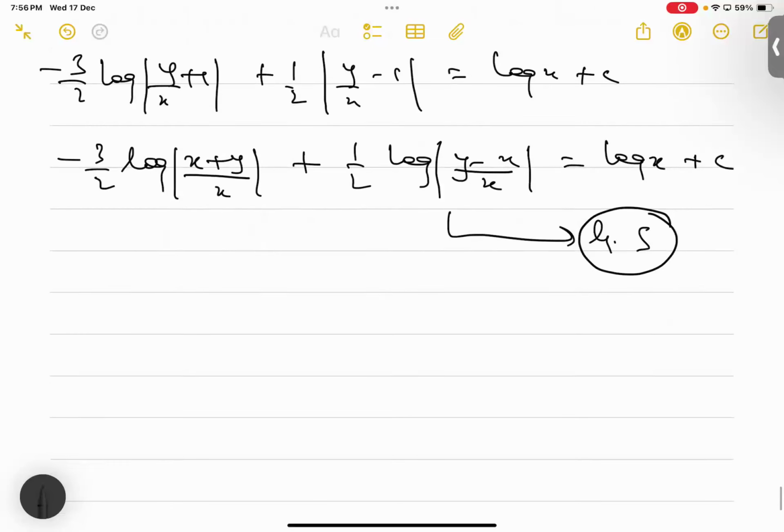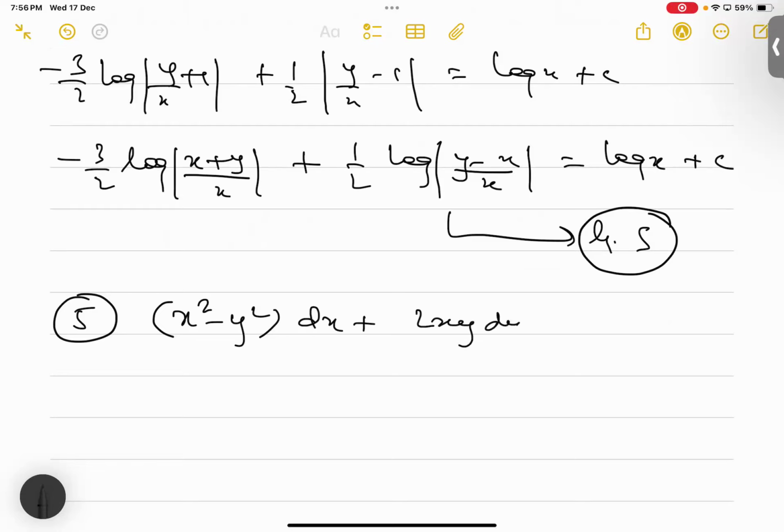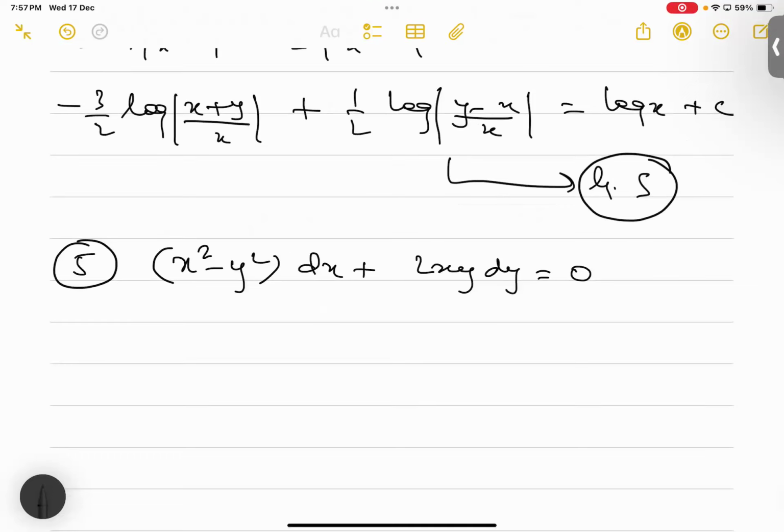Okay. So question number 5. X square minus y square dx plus 2xy dy equal to 0. Now it's quite visible. Individual terms, what is the degree? 2.